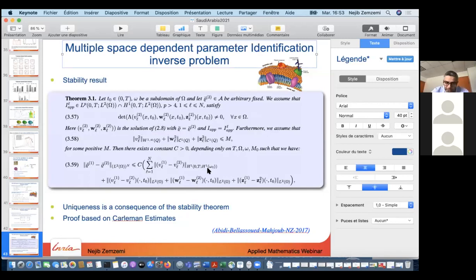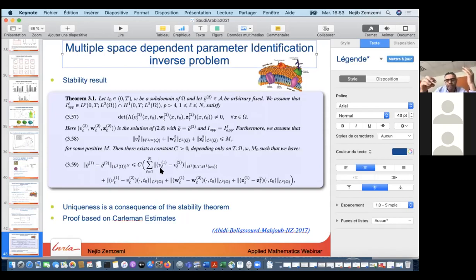If we measure the action potential on a small region of the heart, we can identify these parameters. So this result is obtained for if we want to measure n parameters, we need n observations.